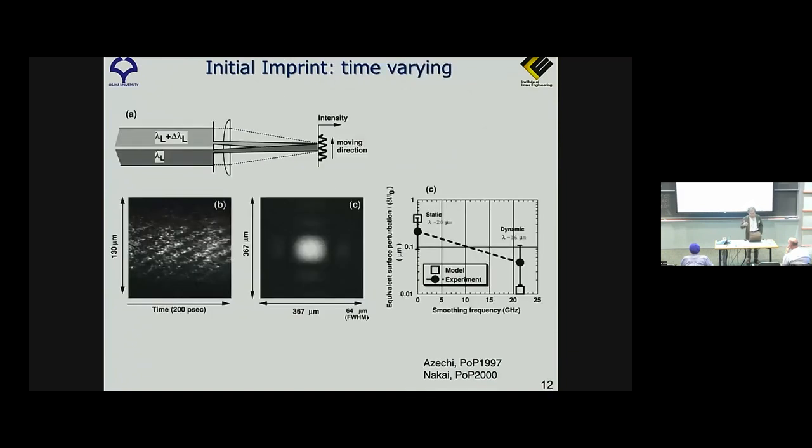And furthermore, the modern ICF laser technology has temporal smoothing. Temporal smoothing means, for example, if you look at the room light, the paper is illuminated very uniformly. There is no fluctuation.